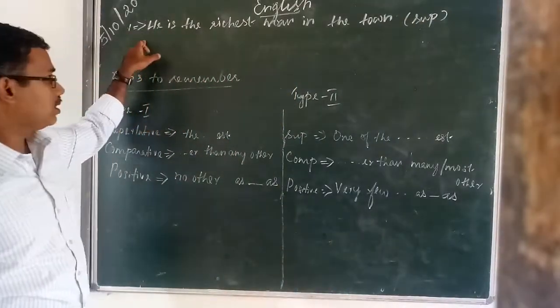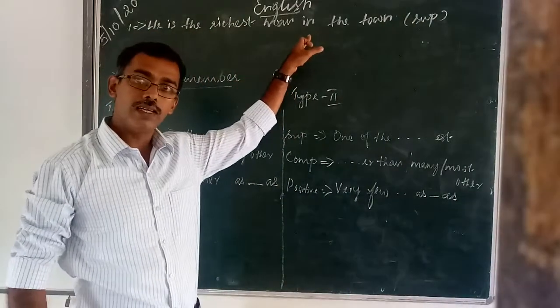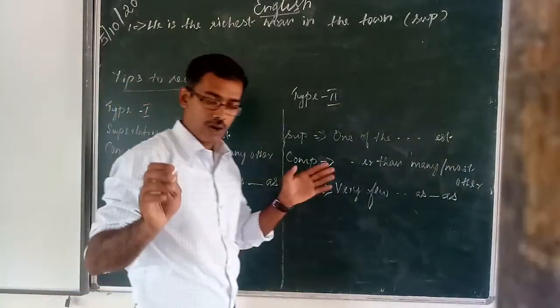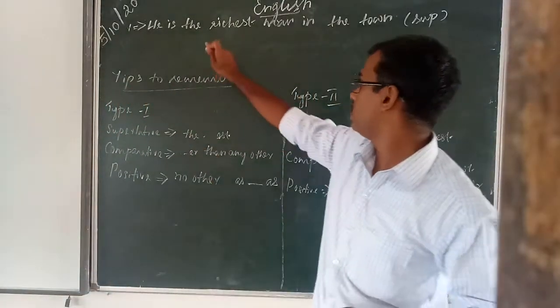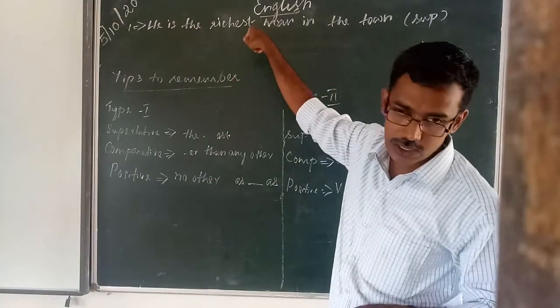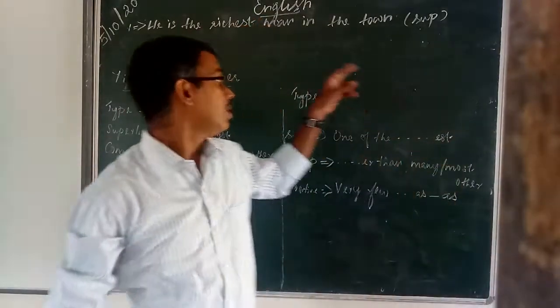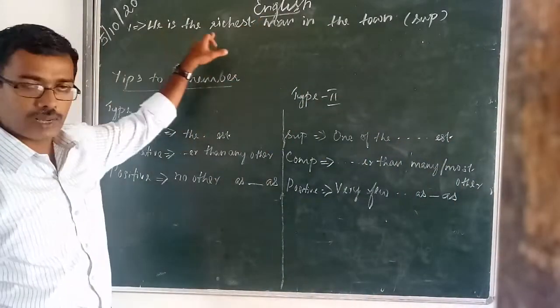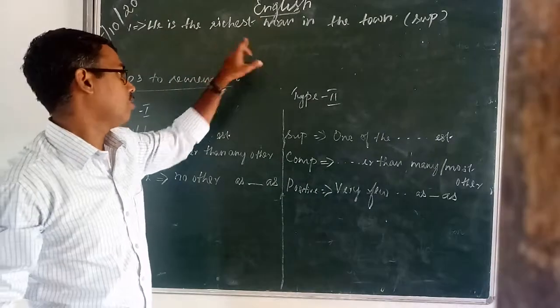This is the example: He is the richest man in the town. That means in the town he is the topmost. In the town this person is the topmost richest person. That's why you have written in this form: He is the richest man in this town.